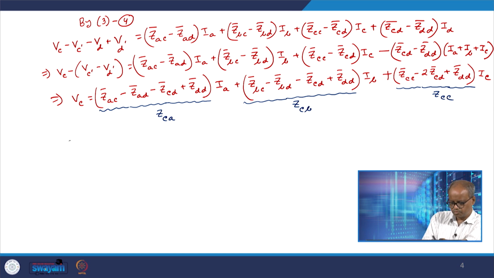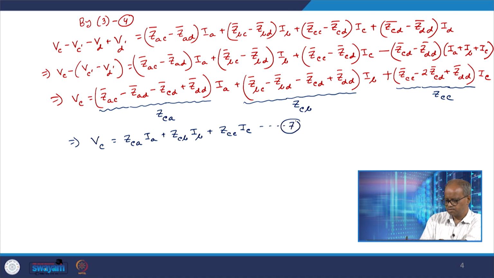So then therefore my VC becomes now ZCA into IA plus ZCB into IB plus ZCC into IC. So this is equation number 7, right?